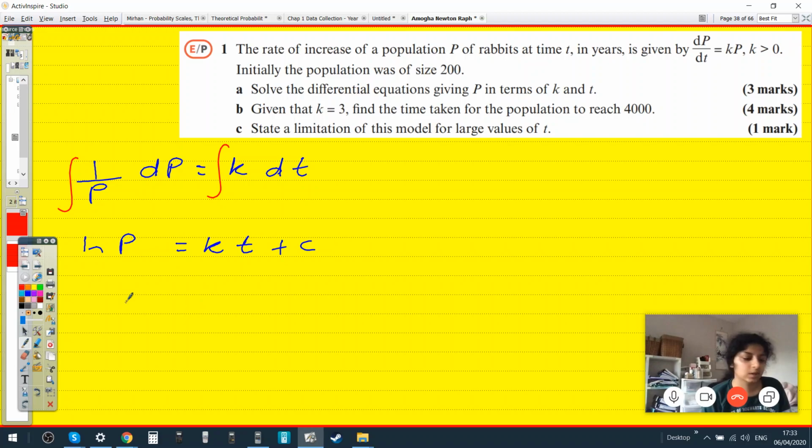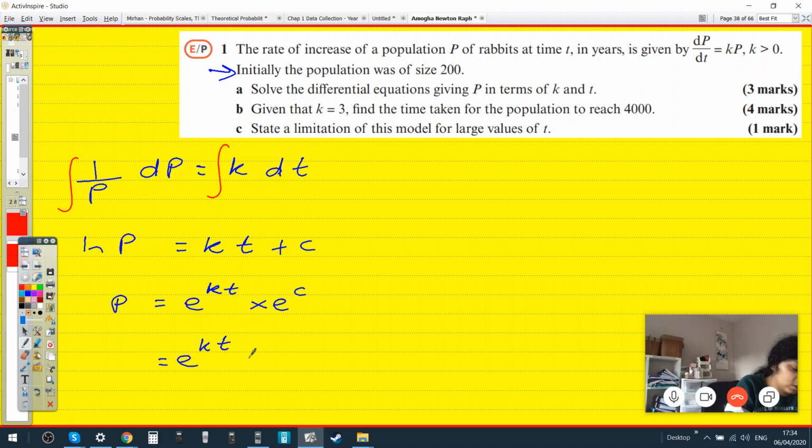Say it again, sorry. P is equal to e to the power of kt multiplied by e to the power of c. Is that the answer? This bit. Okay, so when t is 0, c is equal to ln 200.